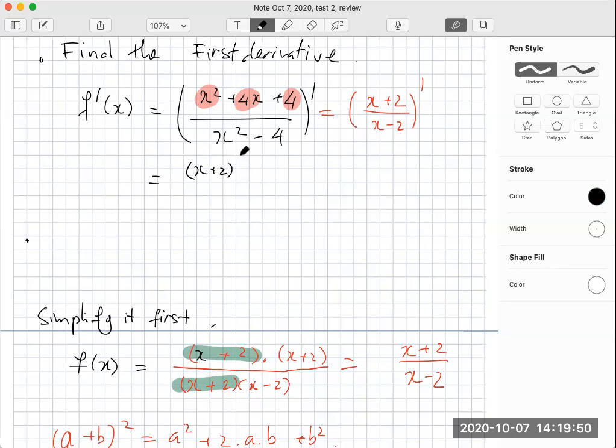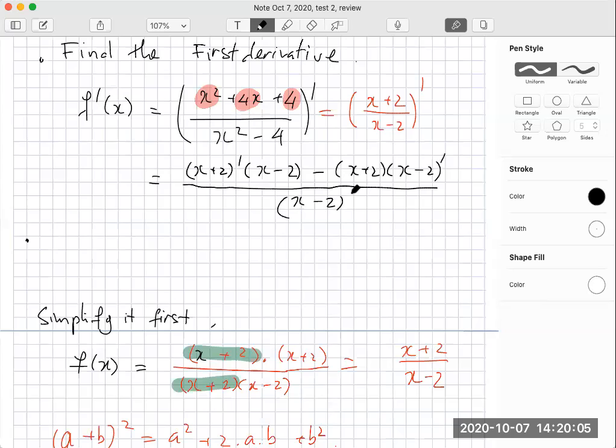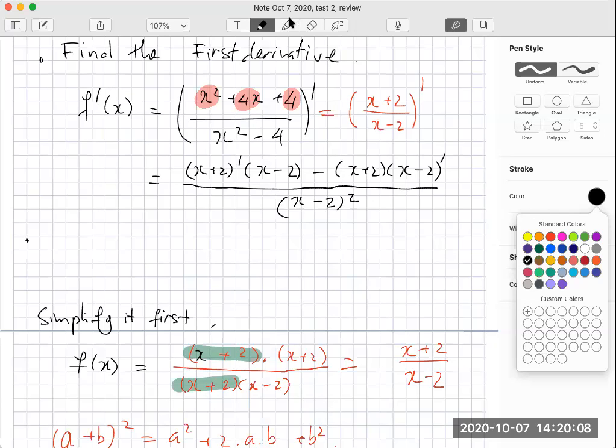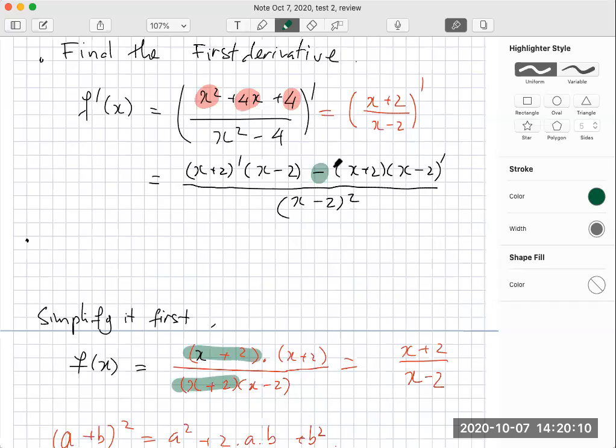x plus 2 prime times x minus 2, minus x plus 2 times x minus 2 prime. Very good. So we write it slowly because this sign is a negative sign. We should be careful with this, okay?